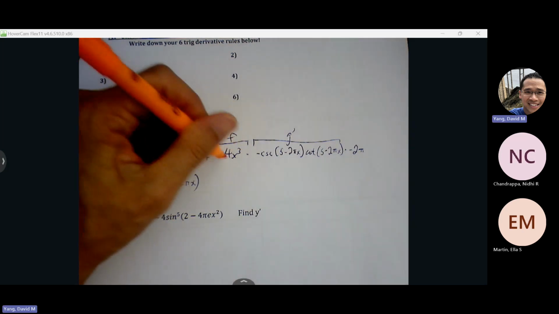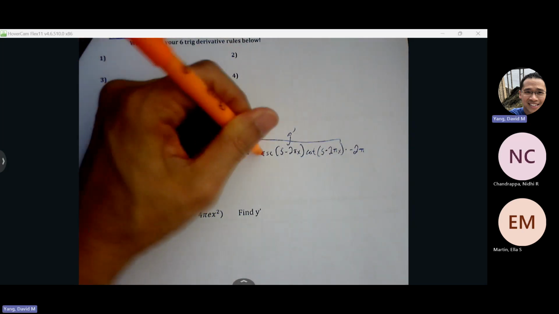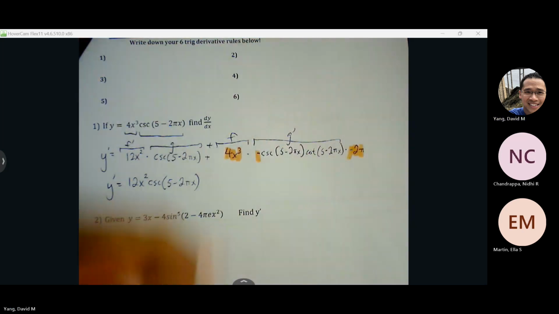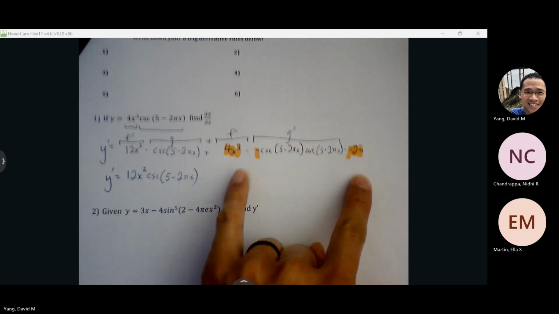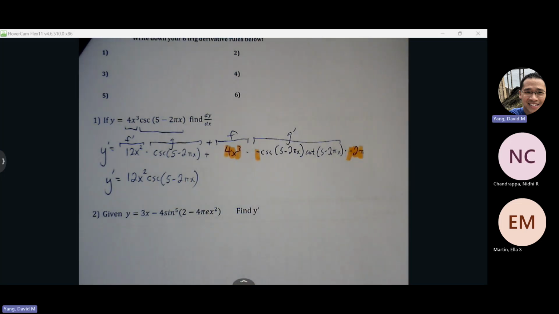Merge all the non-trig terms in front. Positive 8x cubed, pi x cubed.